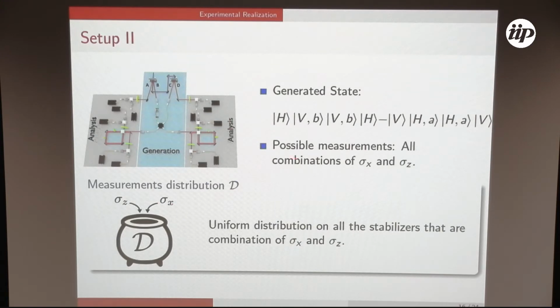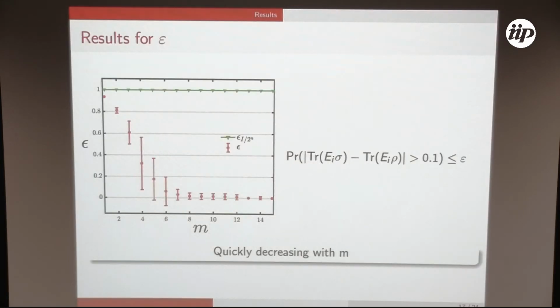But we can measure only the combinations of sigma Z and sigma X Pauli observables. So this time we took, as before, the uniform distribution on the stabilizers, but only the ones that are combinations of sigma X and sigma Z. Okay, let's go to the results.